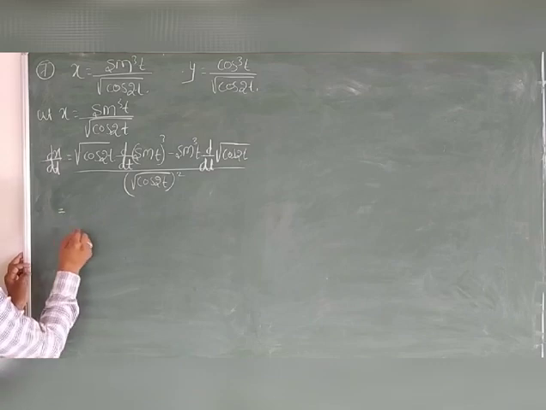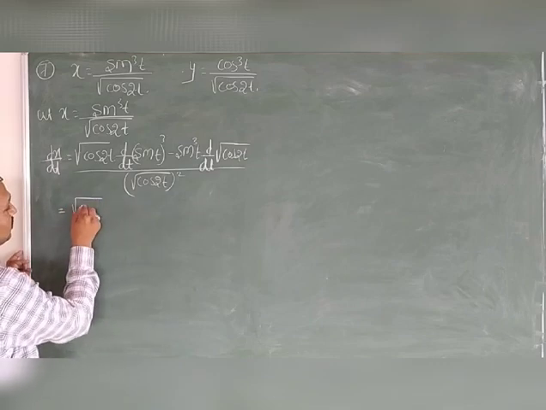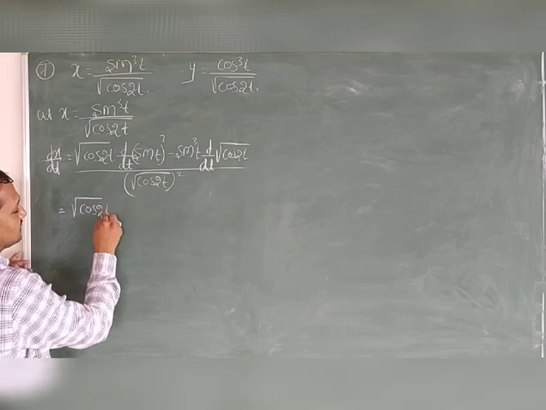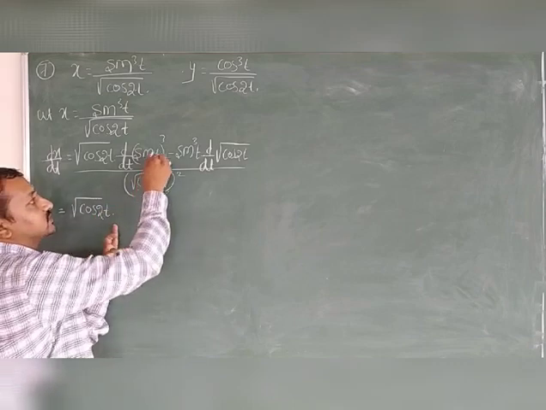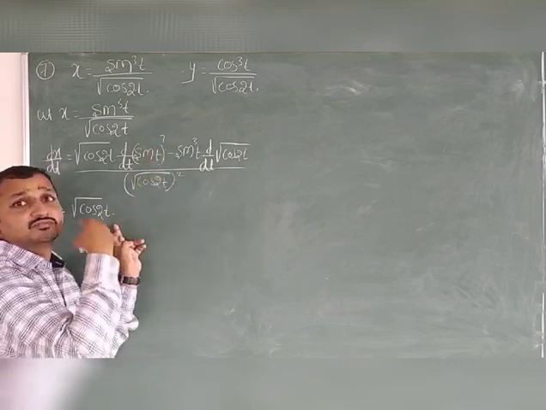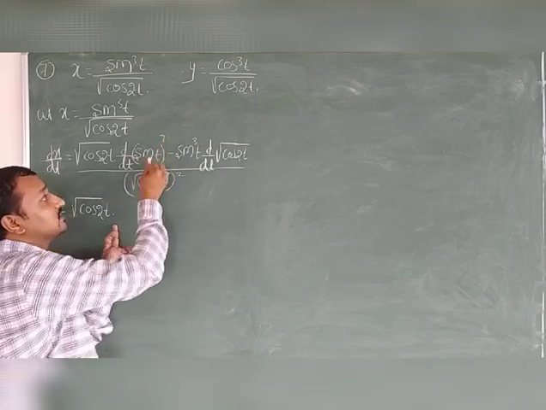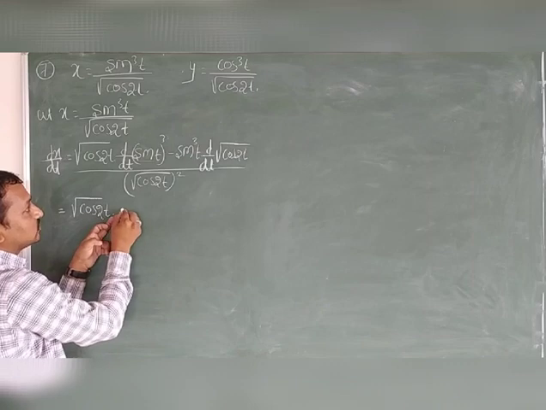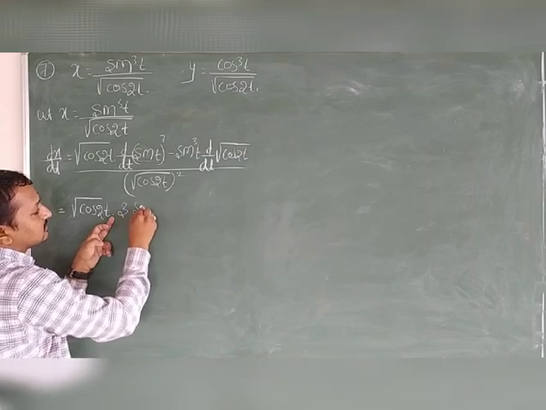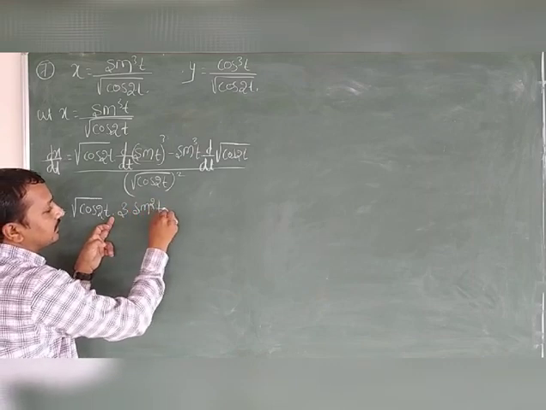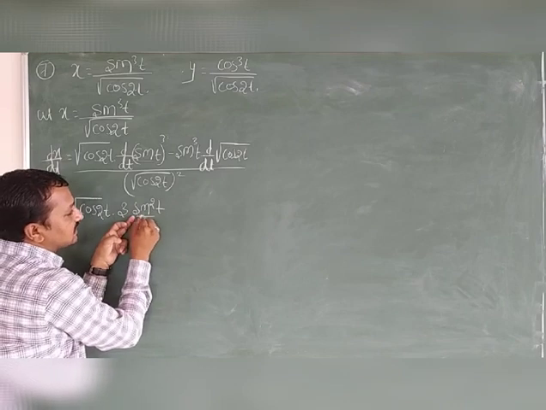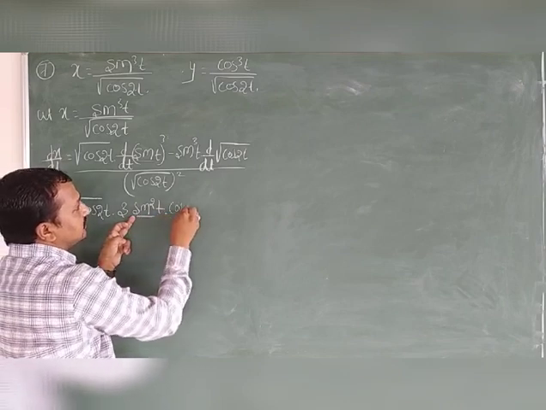So then solve this. Root of cos 2t keep as it is. This is of the form x cube. What is the derivative of x cube? 3x square. So the derivative of sin t cube, of the form x cube, is 3 sin square t, and with respect to what is inside, sin t, the derivative of sin t is cos t.